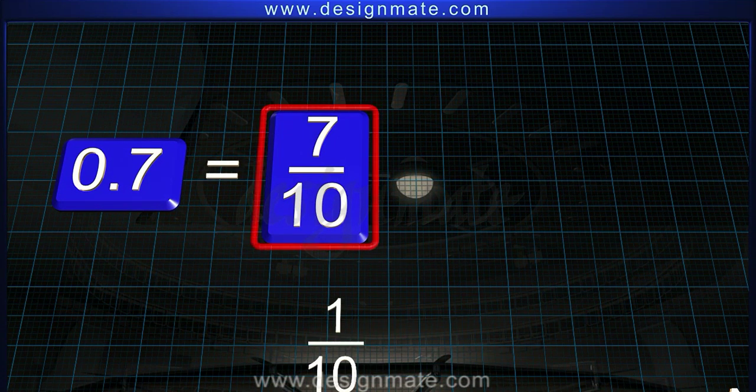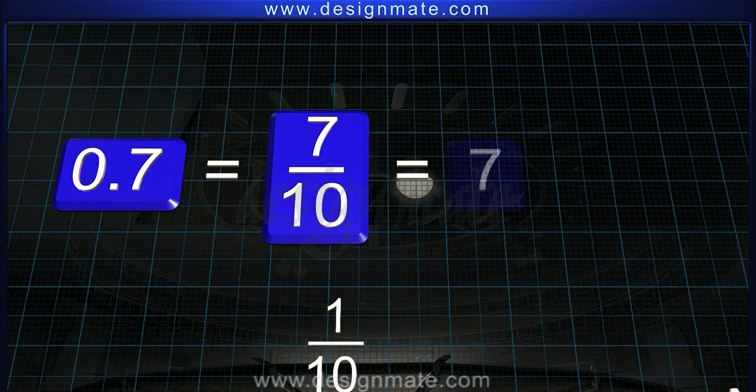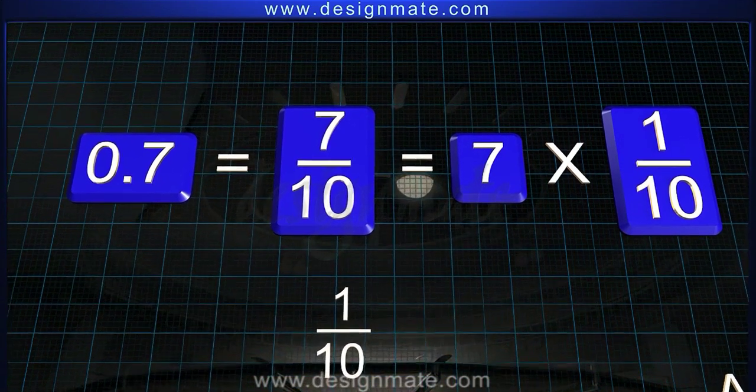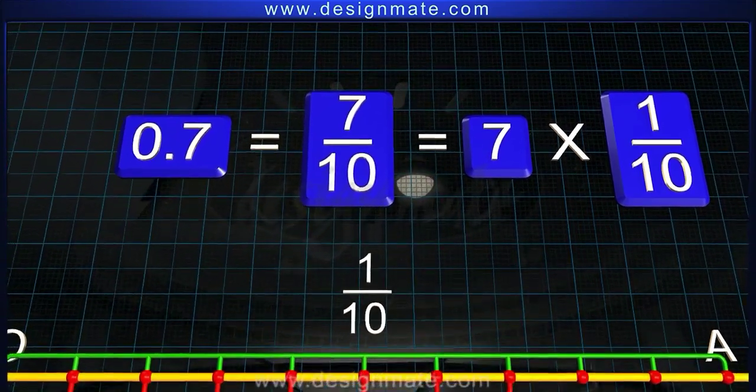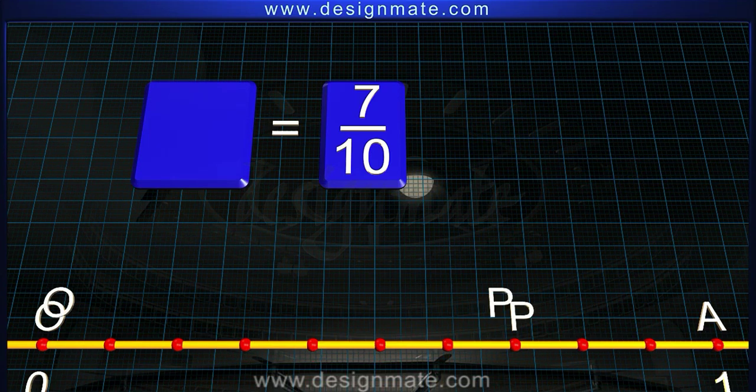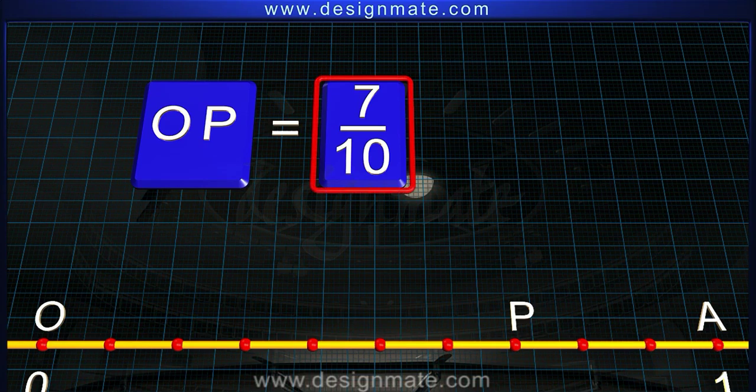Now 7 upon 10 is equal to 7 into 1 upon 10. So take the 7th point of division to the right of O. Let it be P. Then OP is equal to 7 upon 10. So P represents 0.7.